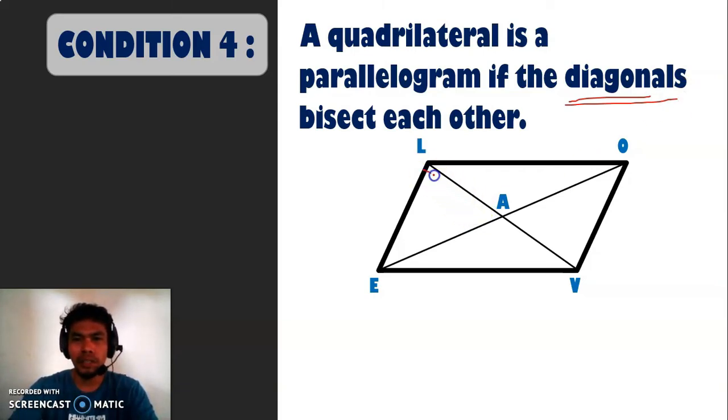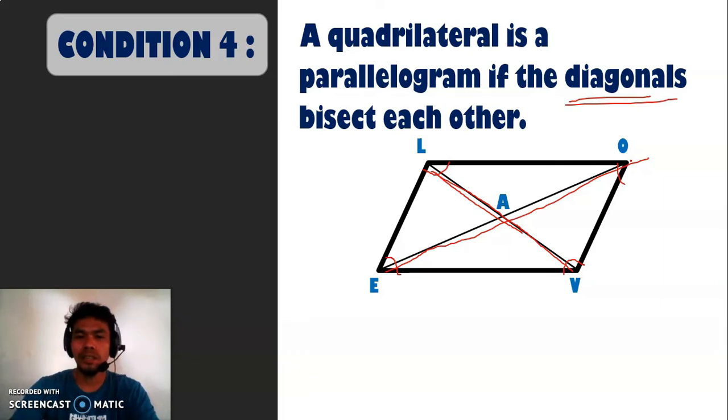Okay, when you connect vertex L and vertex V, you can actually create diagonal LV. And also, if you try to connect vertex E and vertex O, you can have diagonal EO. Take note that every quadrilateral has two diagonals.